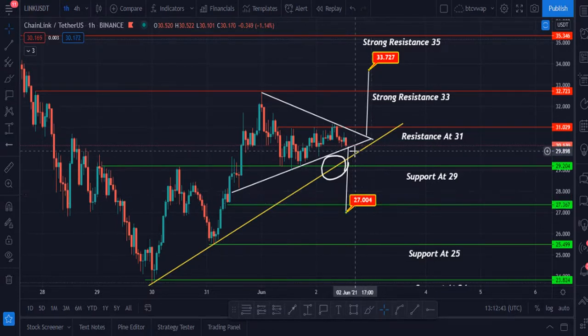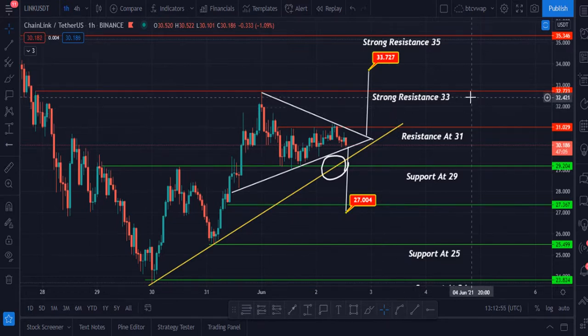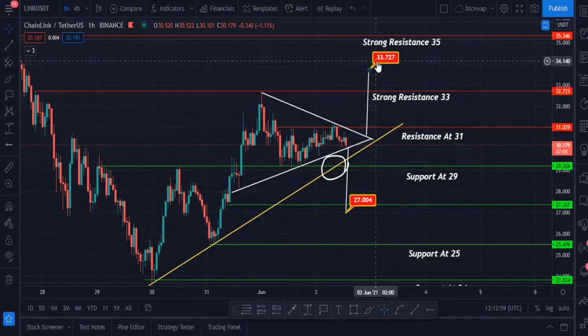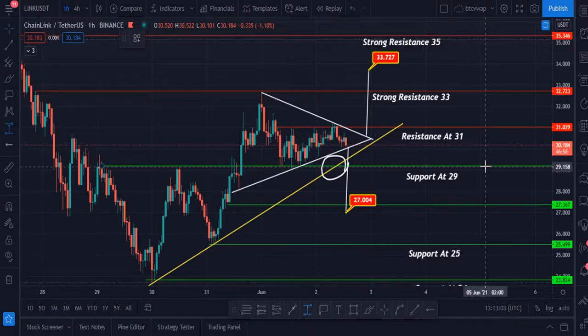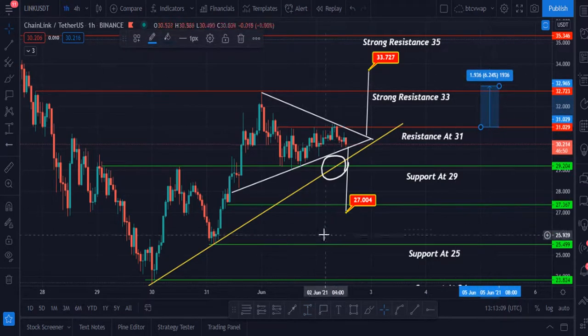And if Chainlink breaks this towards upside, in that case Chainlink can hit this target, which is $33.72. According to the support and resistance base, our target will be like this.